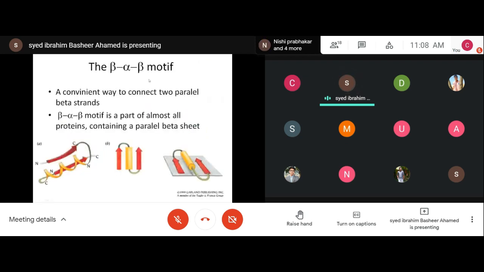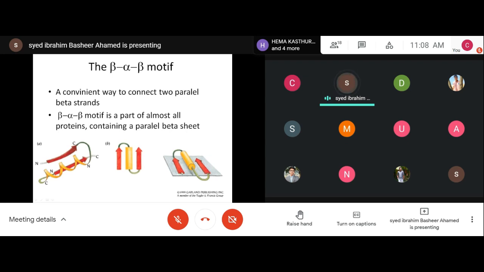So this is a beta alpha beta motif. You have a beta strand, then an alpha helix, and then another beta strand. Most of the time you can see the beta strands are in the same plane.